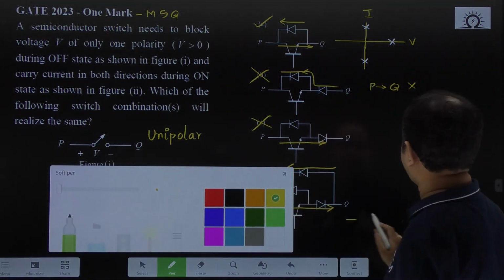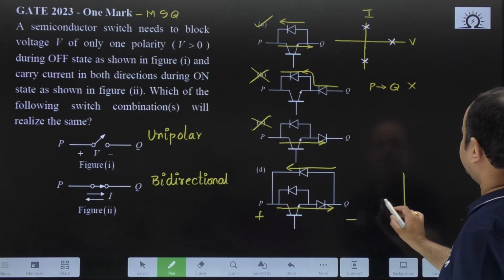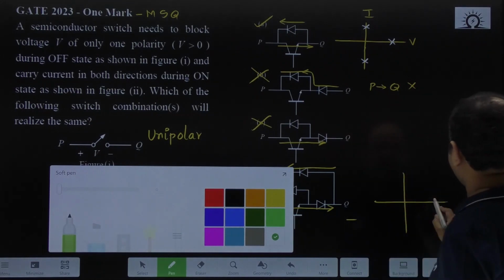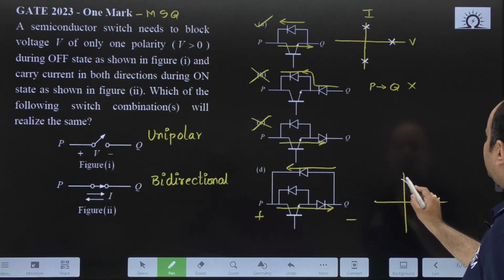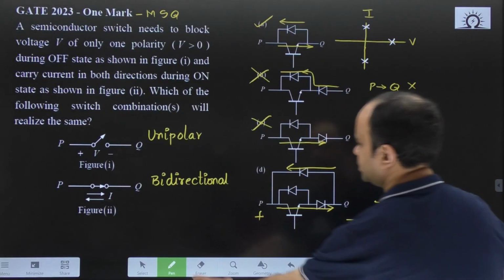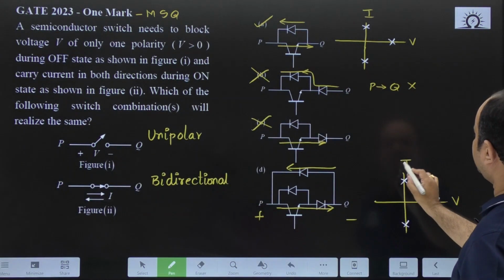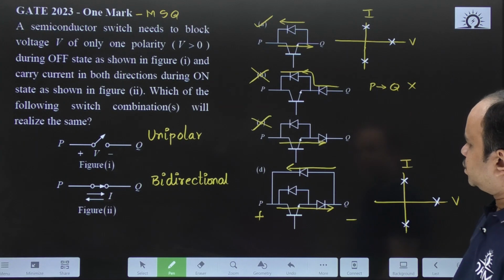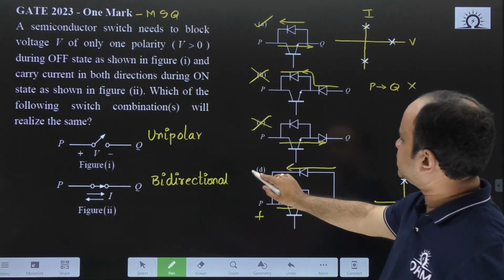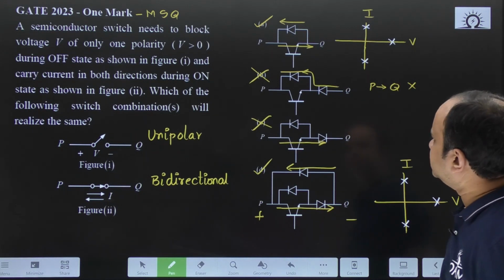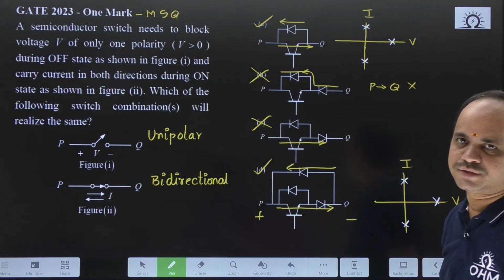So, I can simply draw this one. Unipolar and bidirectional. So, voltage is unipolar and current is bidirectional. So, this is V and this is I. So, for this question, option A and option D, these two are the correct answers.